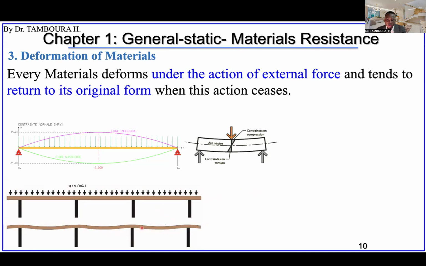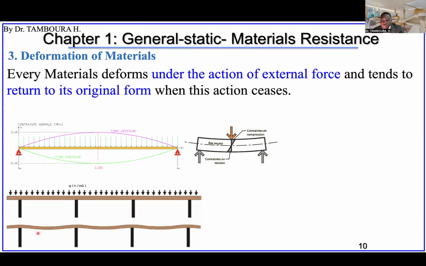The deformation may not be visible, but there is still deformation. Sometimes you can actually see it. If the load is very high, over the limit of the bridge, you will see the slab deforming like this.